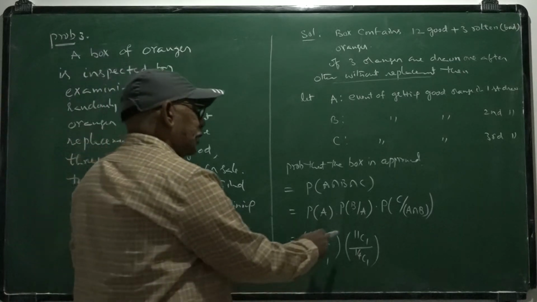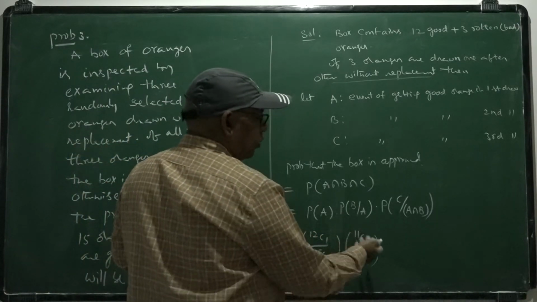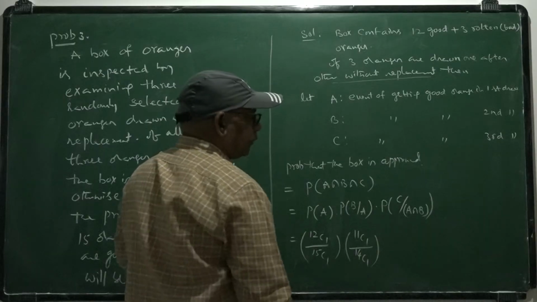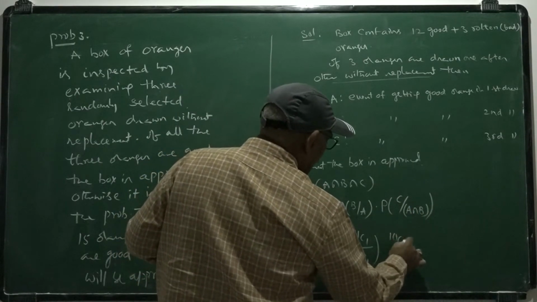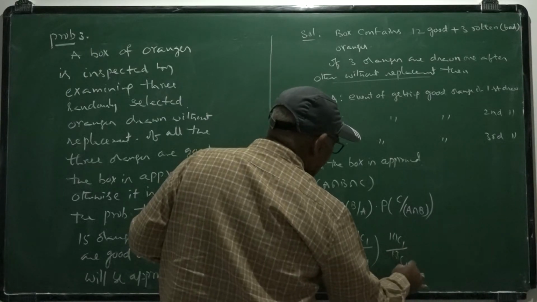Once A and B have happened, the probability of C is 10C1 by 13C1.